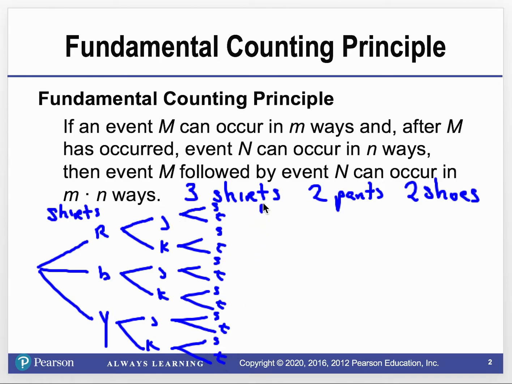We could have a red shirt with jeans and sandals, a red shirt with jeans and tennis shoes, following each path. We've already done this.